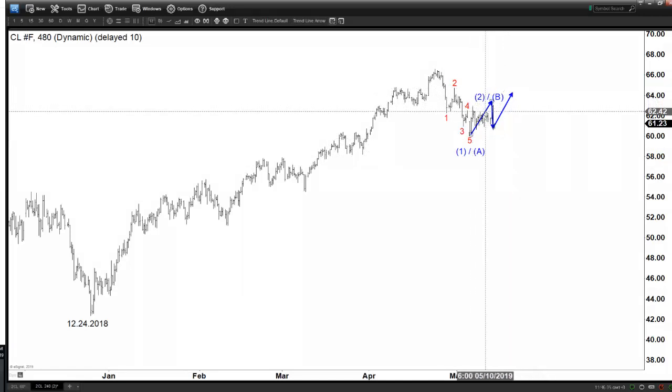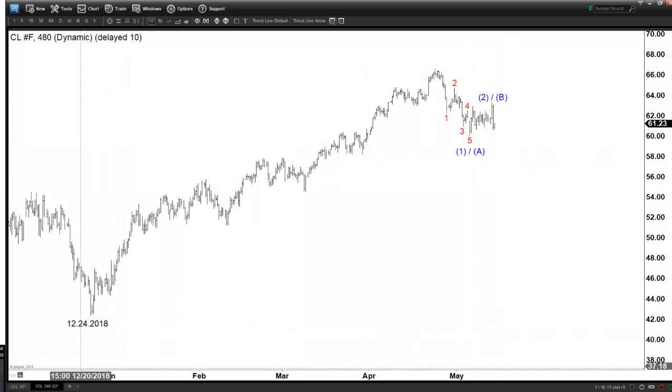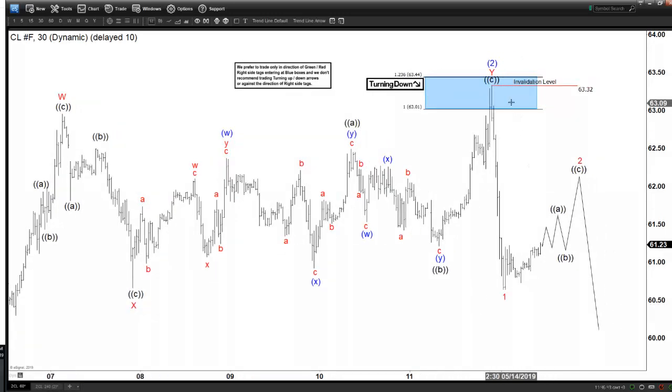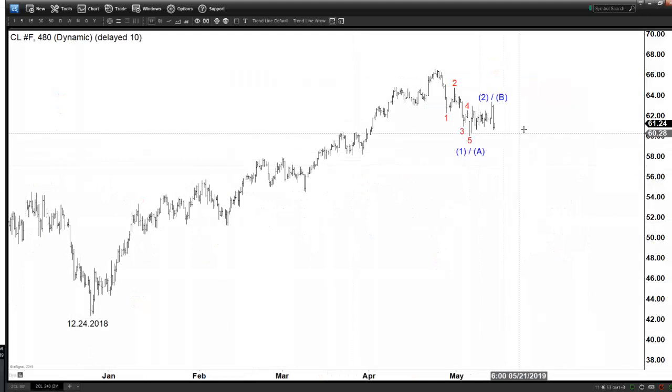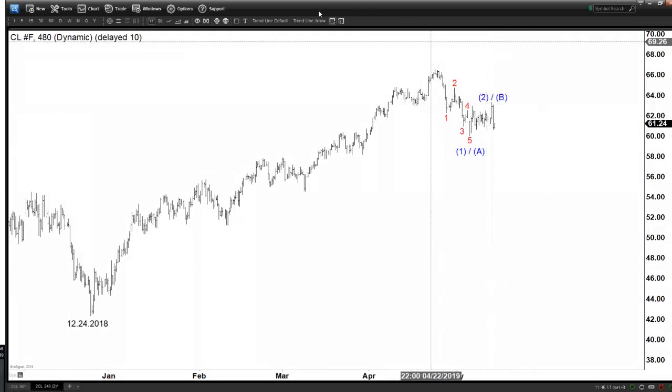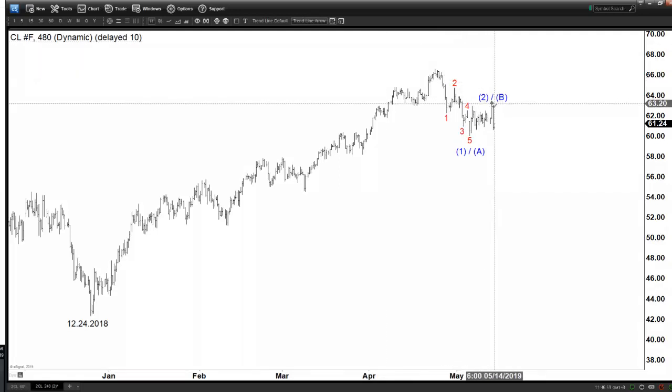But if we look at the 1 hour, this move here looks impulsive. I think it is impulsive. It's not just that it looks impulsive, it is impulsive. That gives you a little bit more probability that this is really your wave 2 or wave B, because the reaction low has been impulsive from here.